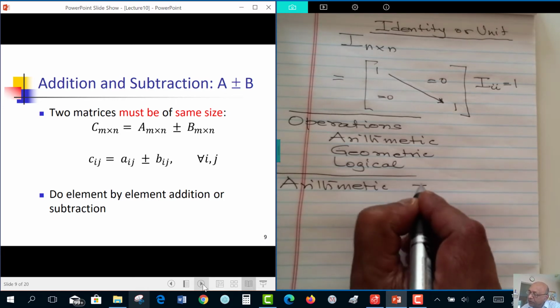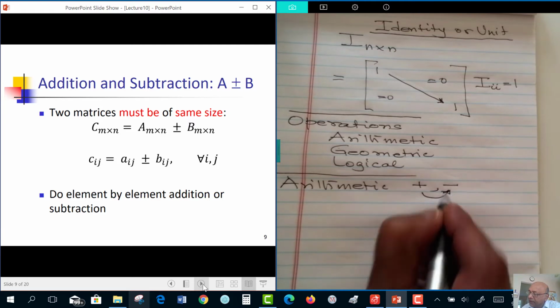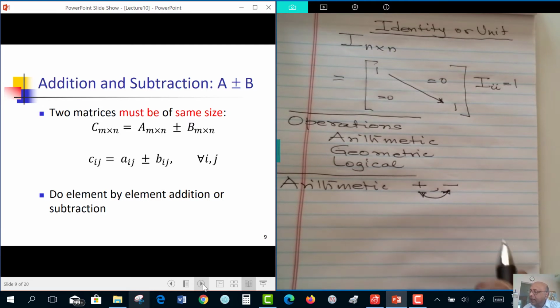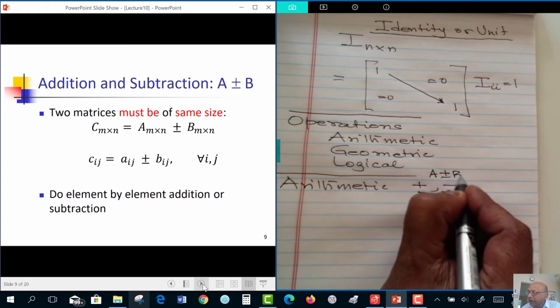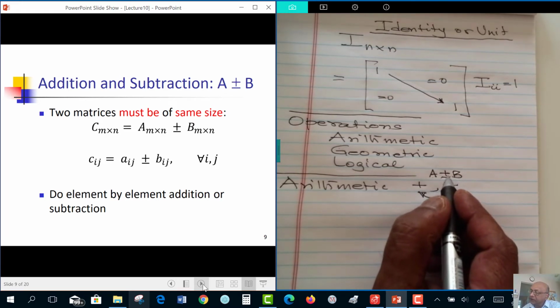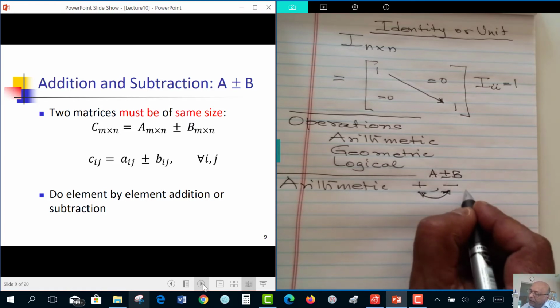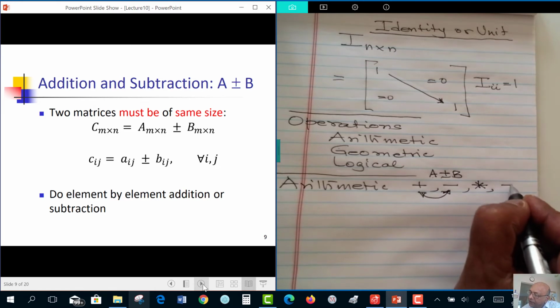The arithmetic operations we do are add, subtract. Well, these are essentially identical things, because whenever we say add or subtract, we can say add the negative of that matrix. Then we have multiply, and finally we have divide.